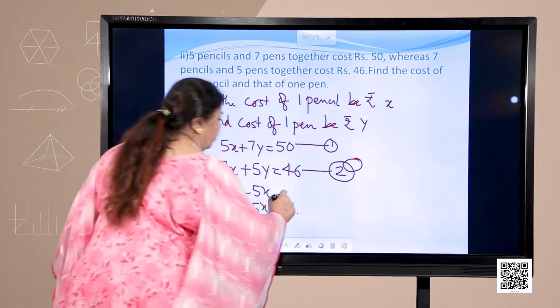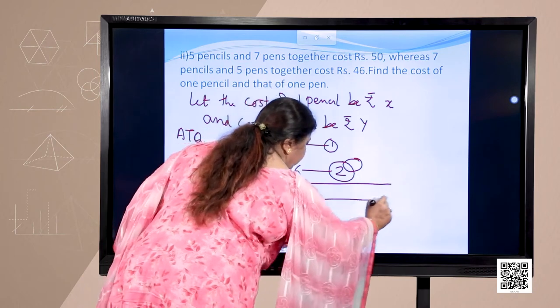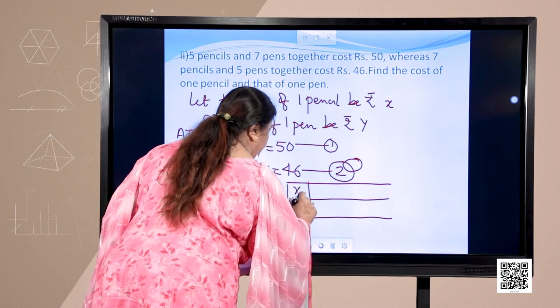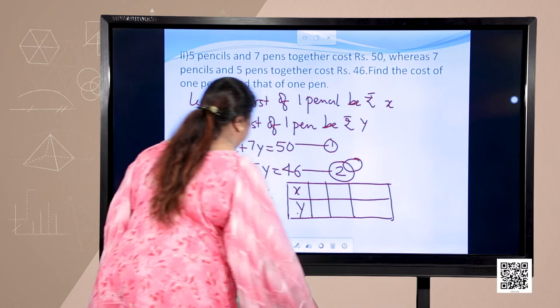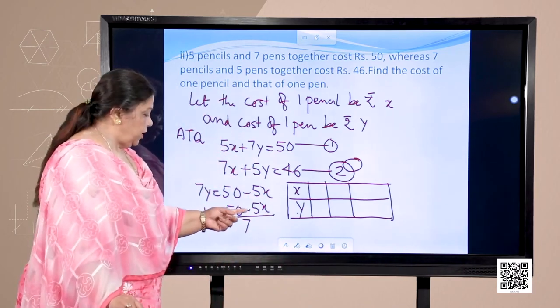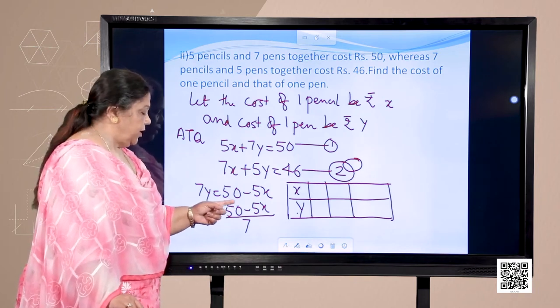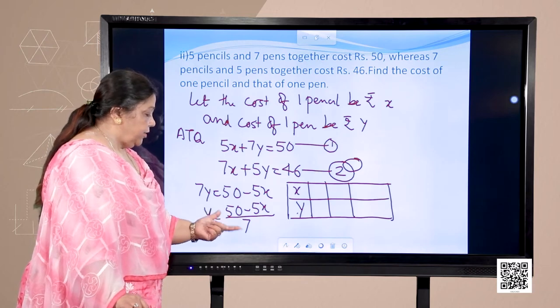Now, to find out the various values, see here, I am going to teach you a very simple method of finding the values x and y. Let us think of a value which gives me a multiple of 7. Just one value we have to think of so that we can get a real number.